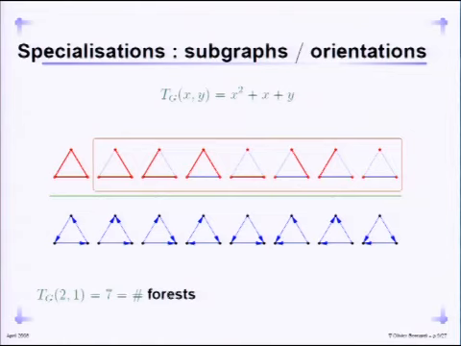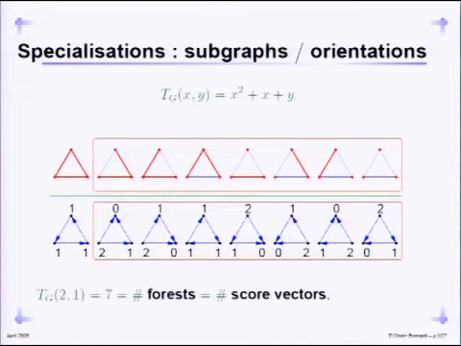Now the dual evaluation is counting forests. Here are the forests of my graph. And in terms of orientations, this evaluation is counting the score vectors. So what is a score vector? If you have an orientation, the score vector of this orientation is a function which associates to each vertex the out degree of this vertex.